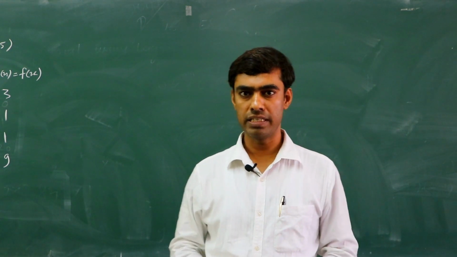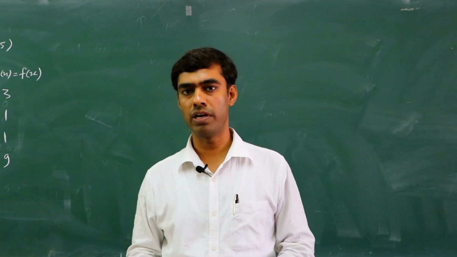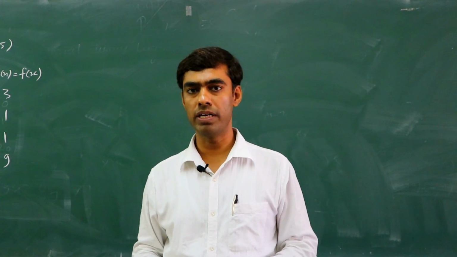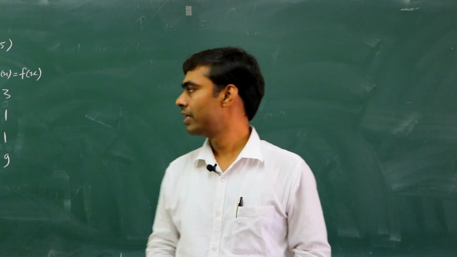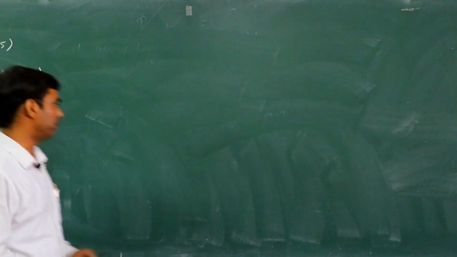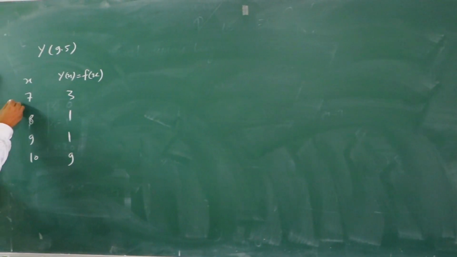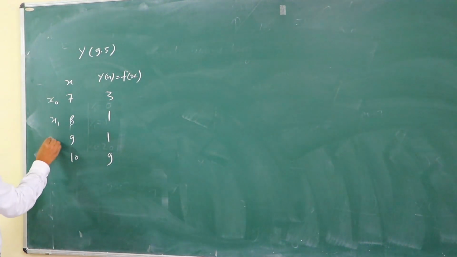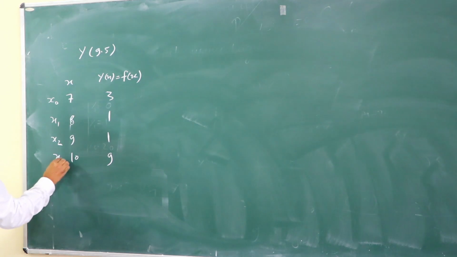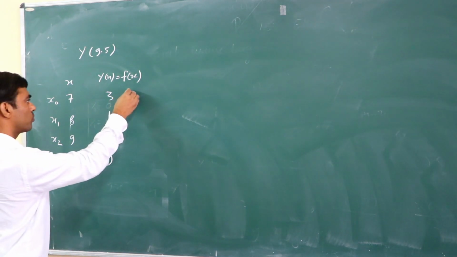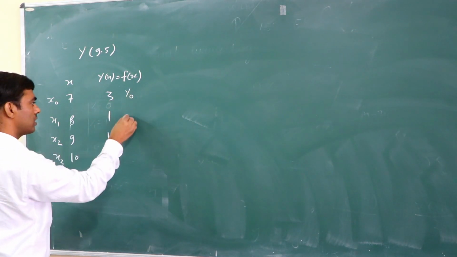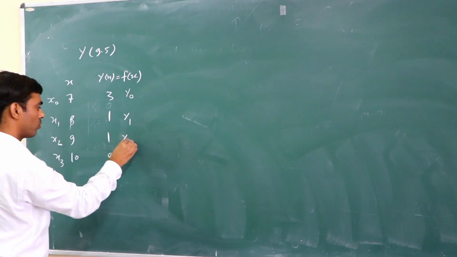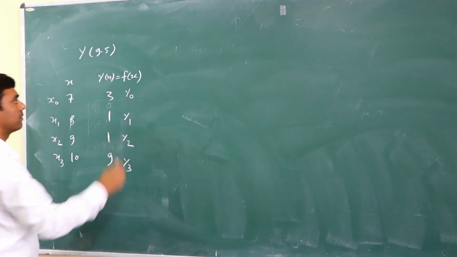We write the formula, then we put x equal 9.5, and here this one is x0, this one is x1, this one is x2, this one is x3, and the corresponding values will be y0, y1, y2, y3.